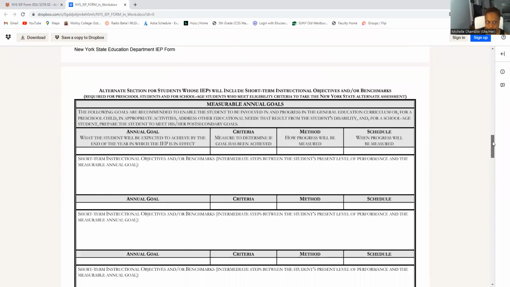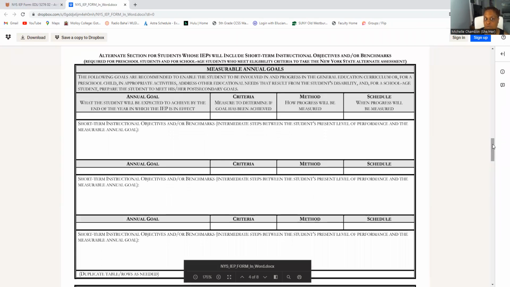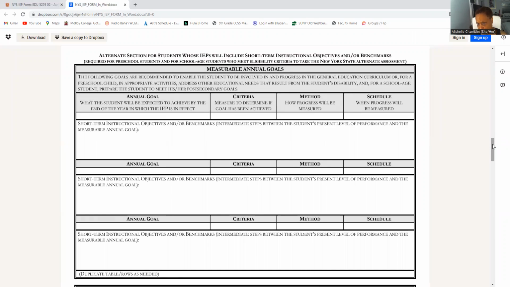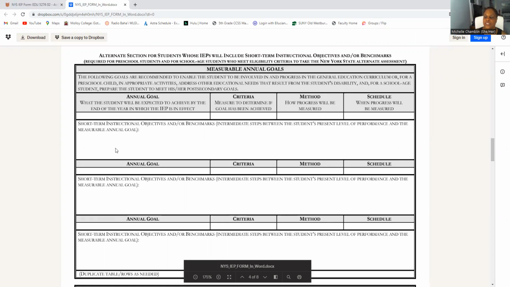Now this section, the alternate section for students whose IEPs will include short-term instructional objectives and/or benchmarks. It's also required for preschool students and for school-age students who meet eligibility criteria for taking the New York State alternate assessment. So what does that mean? This section is required for preschool, and they're short-term goals.